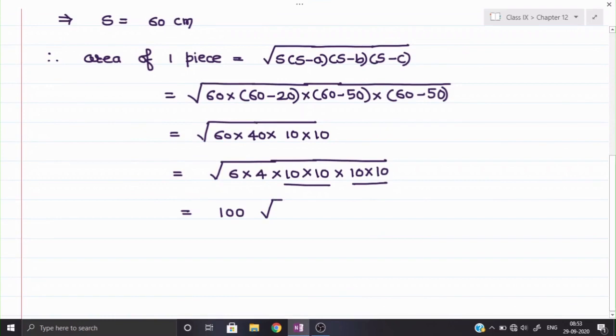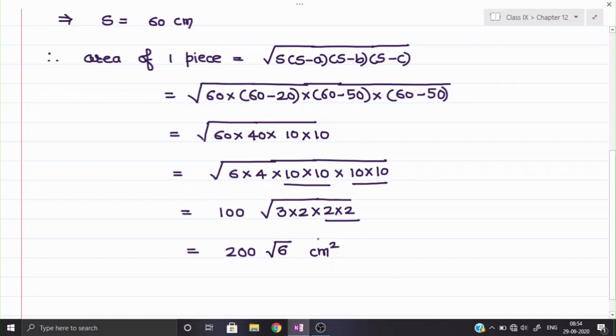Now who remains inside? 6 and 4. 6 I can write as 3 into 2, and 4 I can write as 2 into 2. But only one pair is formed here, that is 2. So one pair of 2 will go out and it will multiply with 100. So it will be 200 root 6 centimeter square. That is the area of one piece.